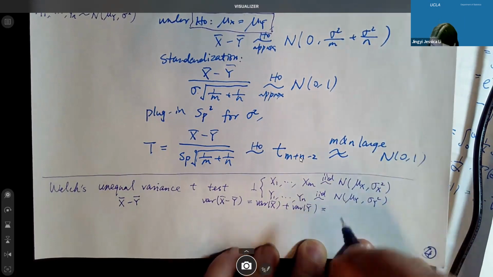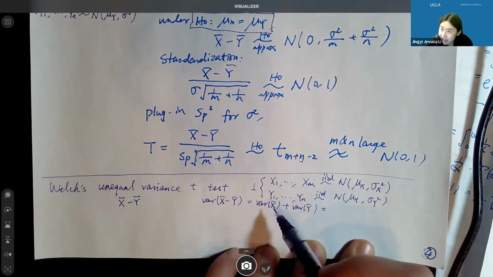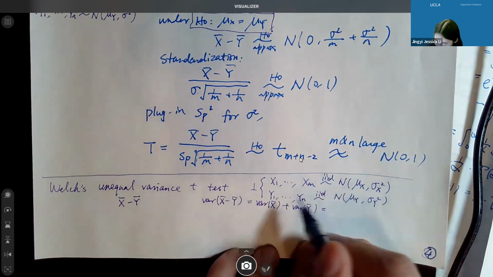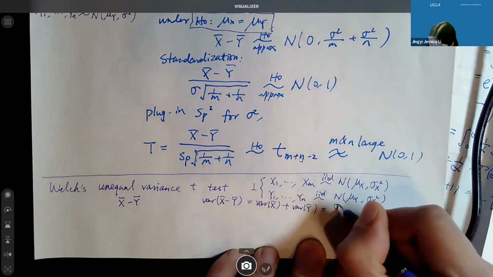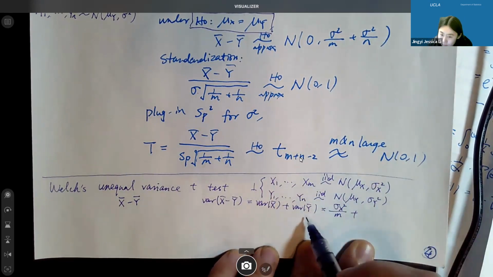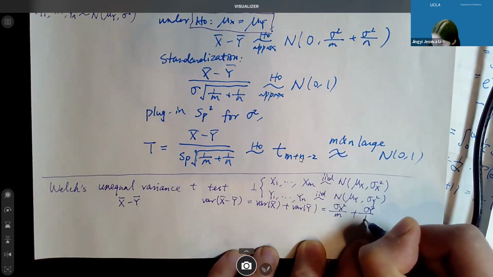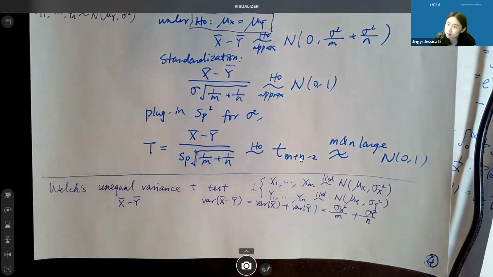It's a known fact that the variance of the sample mean is equal to the variance of each xi divided by the sample size. So this is equal to sigma x squared over m, and the variance of y bar is equal to sigma y squared over n. This is something my other undergraduate class 100B will cover, but here I'm just using the result.